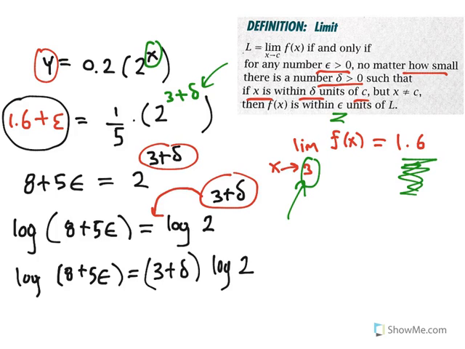So what is the next step that we want to take to solve for delta? We will now divide both sides of the equation by the common logarithm of 2.